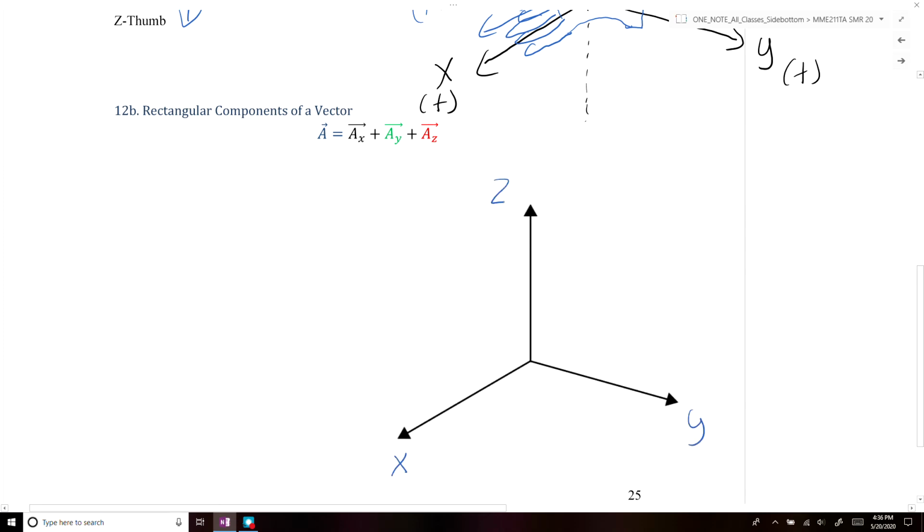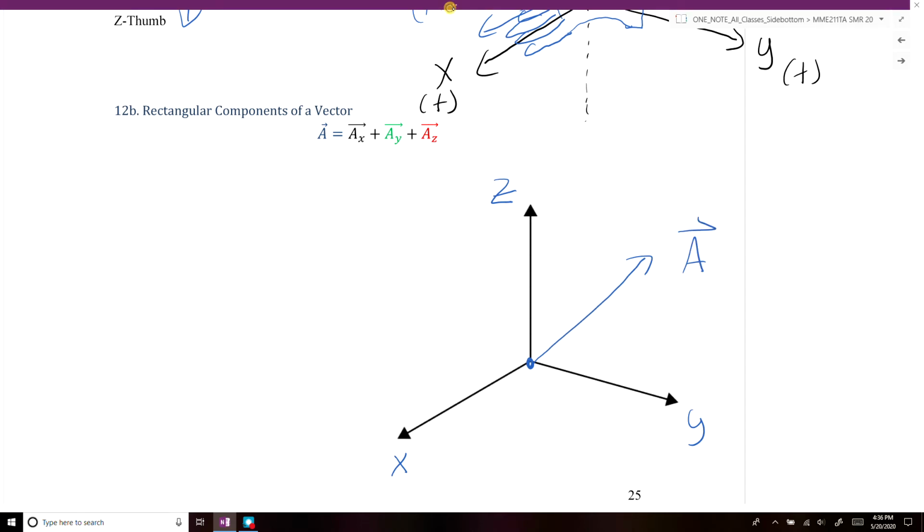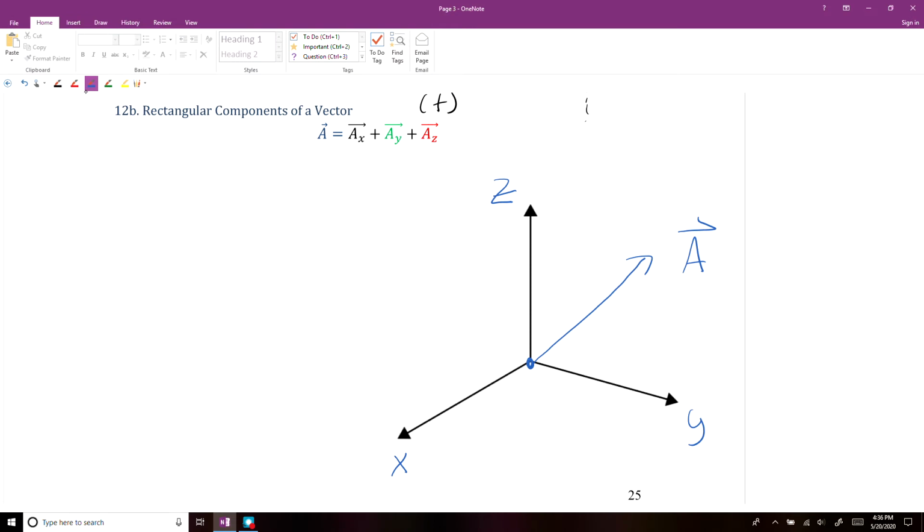So if we have our coordinate system set up for x, y, and z, and we have a vector, which we'll call vector A, we can define vector A, and any vector, in terms of 3 subvectors.